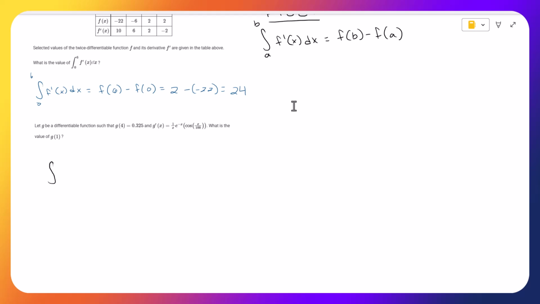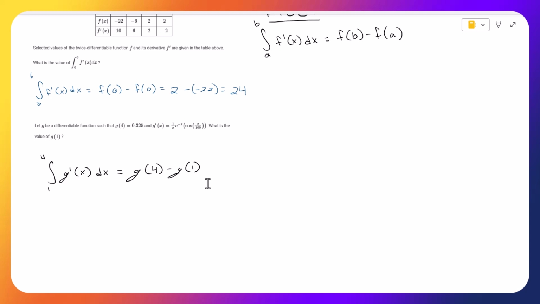Okay, and well, we have g of 4, and we want g of 1, so let's actually rearrange this a little bit. I'm going to solve for g of 1. So what I'm going to do, I'm going to subtract g of 4 from both sides and divide by negative 1. I'm not going to show the work for that, I'm just going to show you the end product.